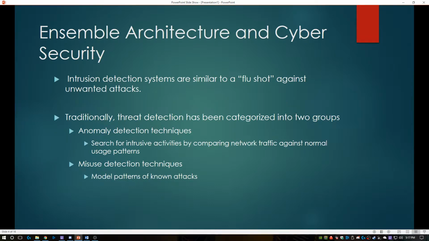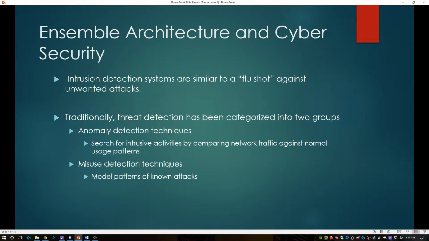Traditionally, threat detection has been categorized into two groupings. There's anomaly detection and there's misuse detection. Anomaly detection searches for intrusive activities by comparing network traffic against your normal usage patterns. Said differently, this is very similar to how your credit card is monitored.